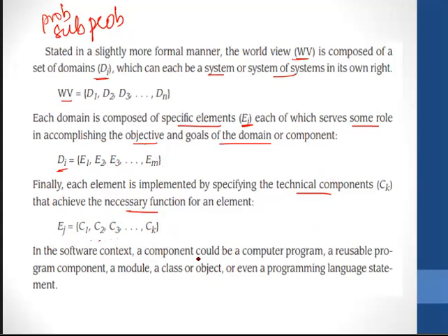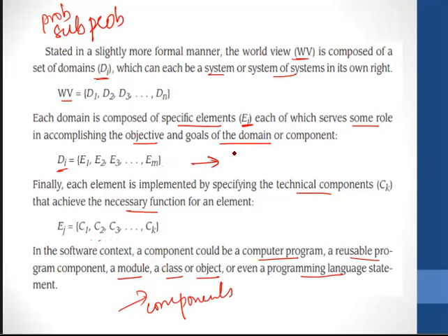Now in here, the different technical components can be a computer program that you're using, a reusable program, a module, a class or object, or even a programming language statement. These all are your components. These are the examples for components.